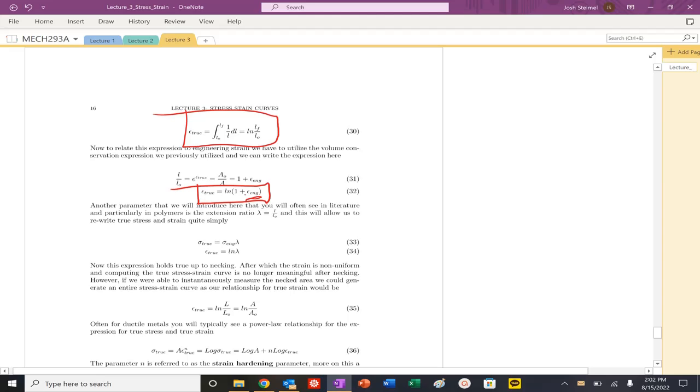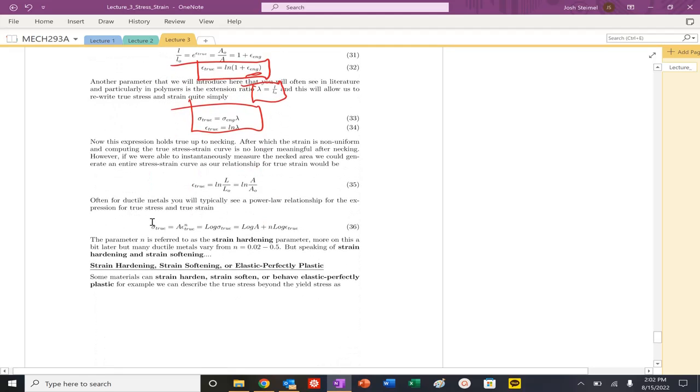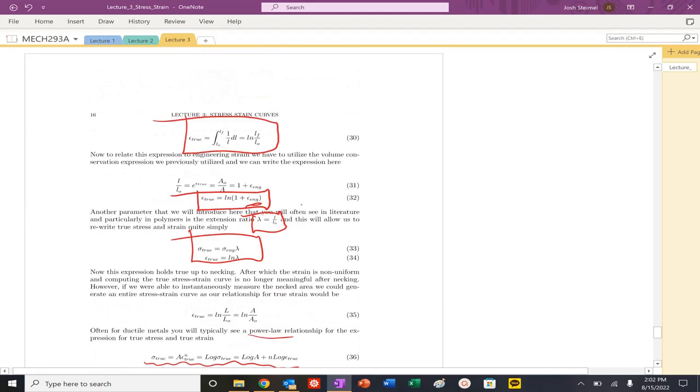Again, I know what this value is. Oftentimes with polymers, you deal with the extension ratio, final length over initial length, and you could rewrite your true stress and strain even more simply. For metals, occasionally you'll see this power law relationship, but that's how I can relate true stress and true strain.